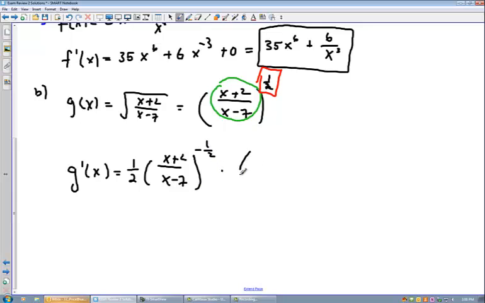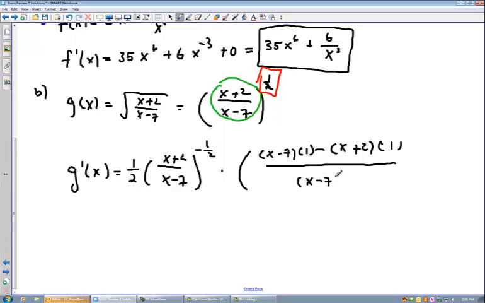Now the derivative of the inside is a quotient rule, so I have my low function, which is x minus 7, times the derivative of the high, which is just 1, minus my high function, x plus 2, times the derivative of my low function, which again is just 1, because the derivative of x minus 7 is 1 minus 0, all over my low squared, so x minus 7 quantity squared.